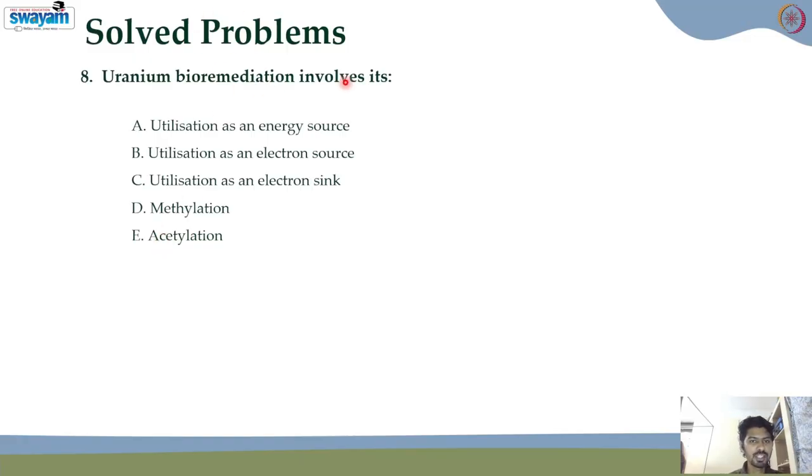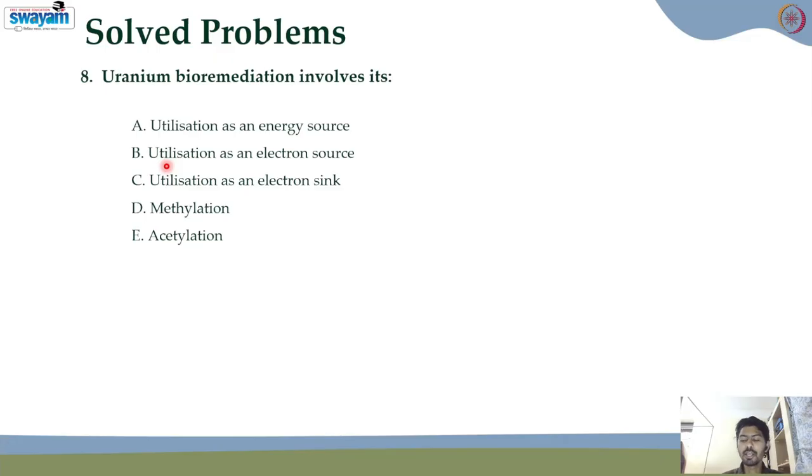Uranium bioremediation involves: option A, utilization as an energy source; option B, utilization as an electron source; option C, utilization as an electron sink; option D, methylation; option E, acetylation.